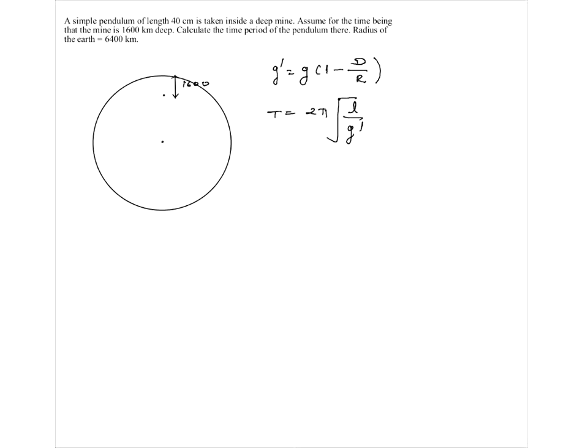So please plug in the values and calculate. If you have any questions, then let me know. The answer that I have is 1.47 seconds. I don't see any questions, so I'm moving on.